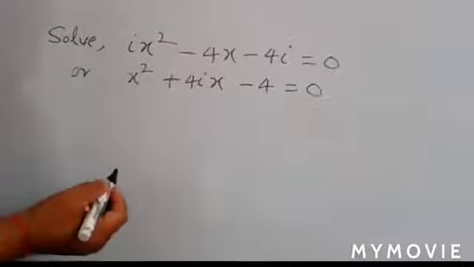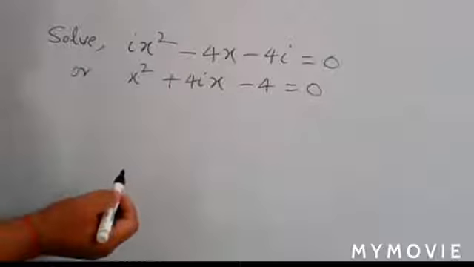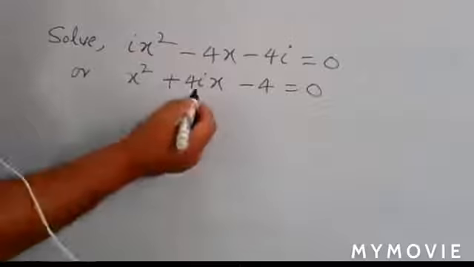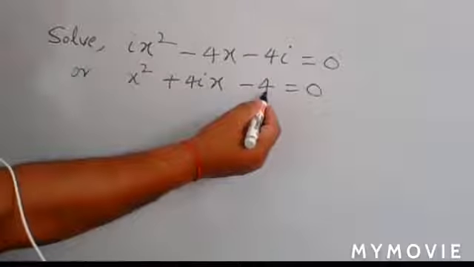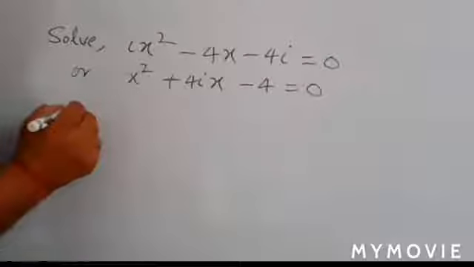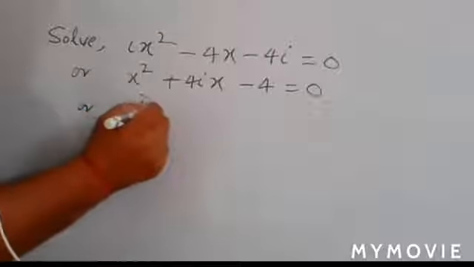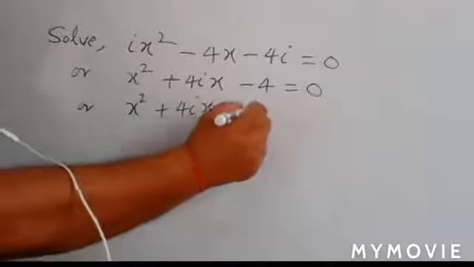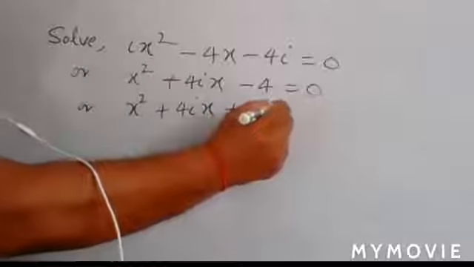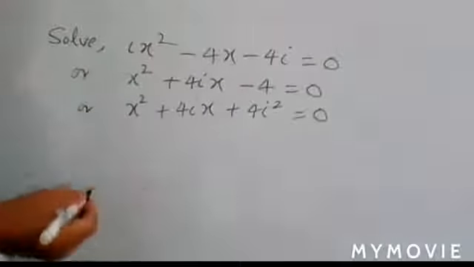We solved such type of questions in previous classes. This term is to be also converted in terms of i. So you can write x square plus 4ix, and here you write 4i square is equal to 0.